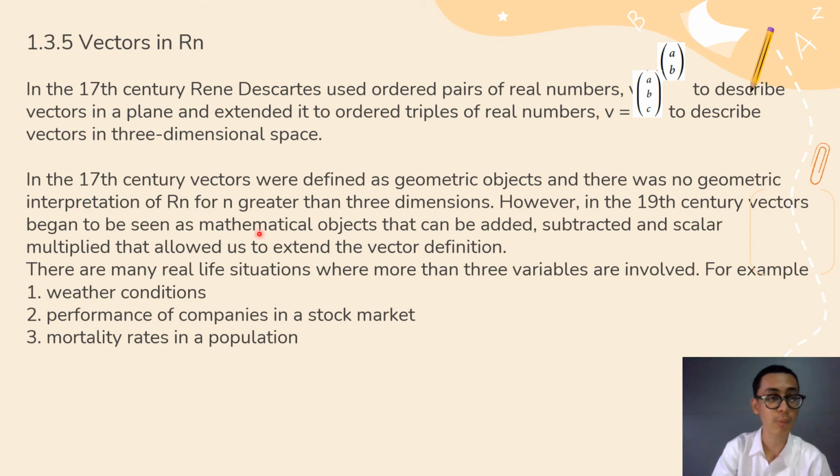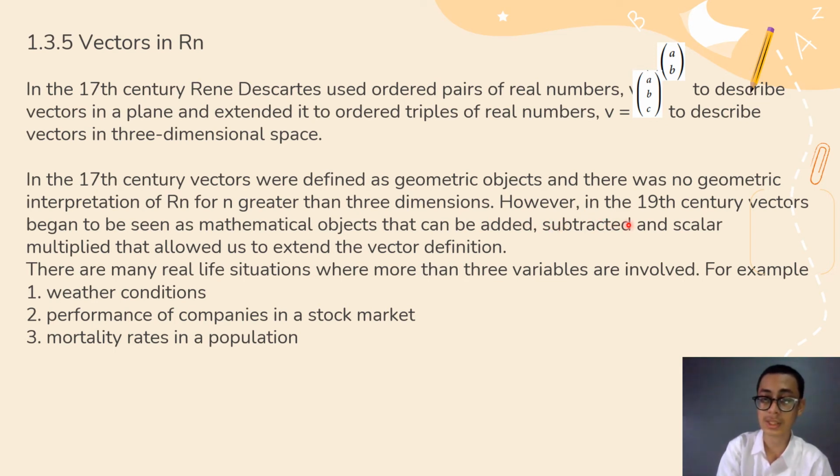Next, 1.3.5 Vectors in Rn. In the 17th century, René Descartes used ordered pairs of real numbers like this to describe vectors in a plane and extended it to ordered triples of real numbers to describe vectors in three-dimensional space. In the 17th century, vectors were defined as geometric objects and there was no geometric interpretation of Rn for n greater than 3 dimensions.